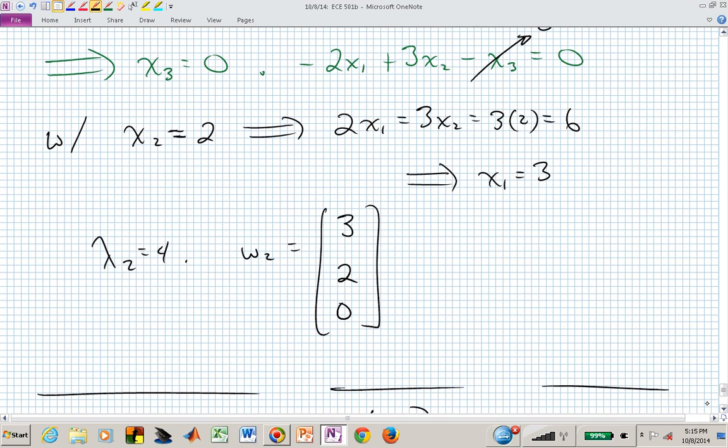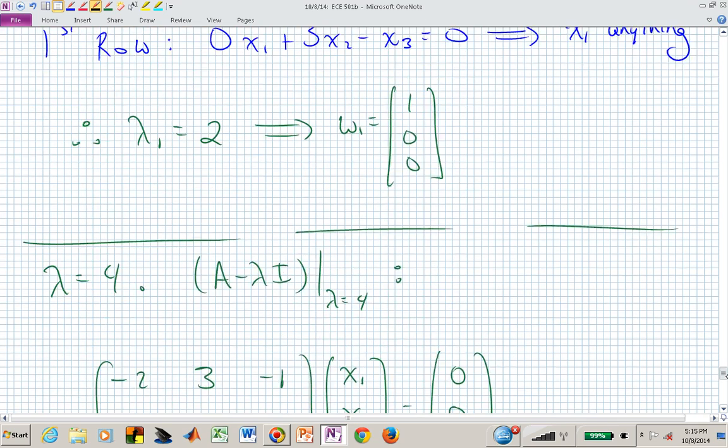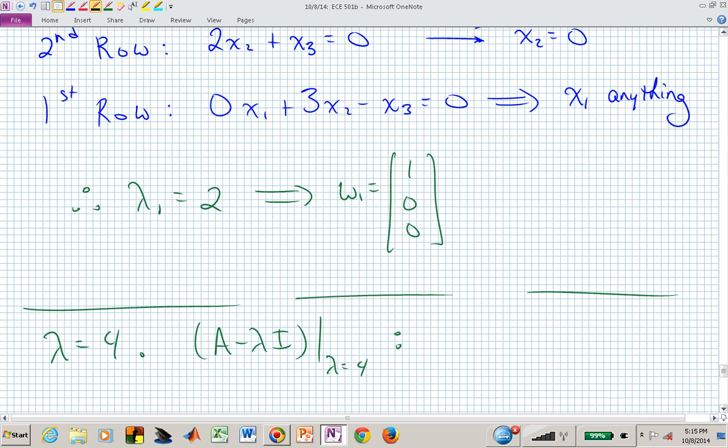W sub 2 has a 0 third coordinate, and W1 has 0 coordinates for 2 and 3. Those three vectors are linearly independent. And now we have a way of forming a basis for this linear map that was associated with the matrix representation that was upper triangular. We'll pick up at that point next time, but we're really trying to find simple matrix representations of linear operators, and that's now giving us this upper triangular structure.